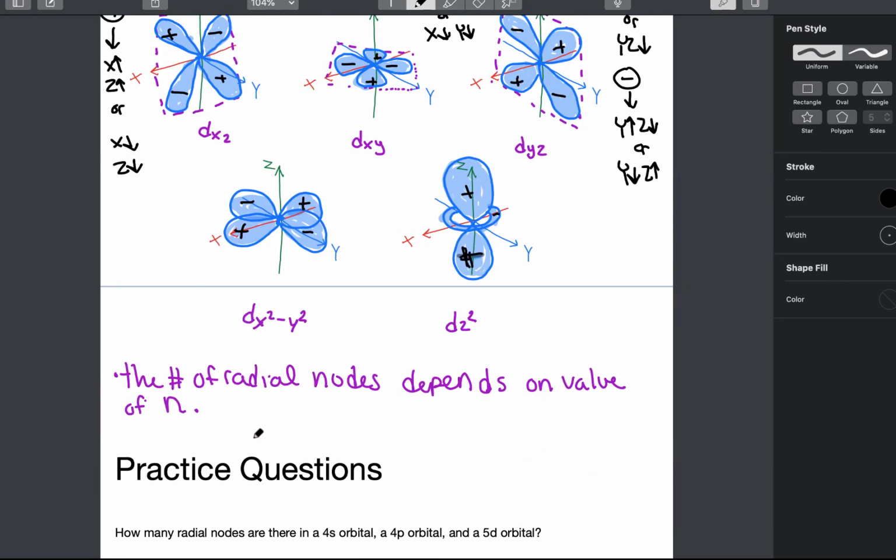So the last two are the dz squared and the dx squared minus y squared. Once again, you can label the positive and negatives here. In order to find the positive, you know that whenever you square a number, you always get a positive value.